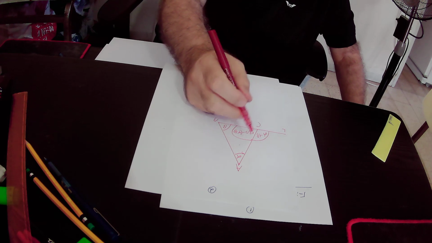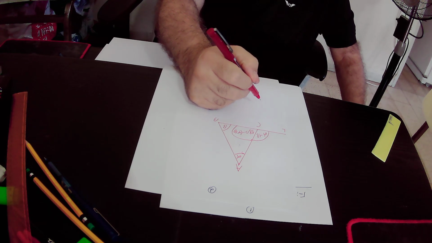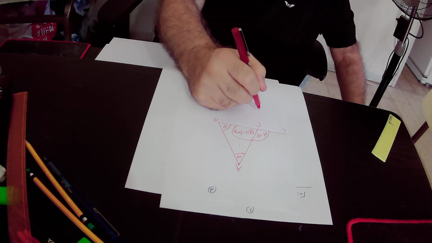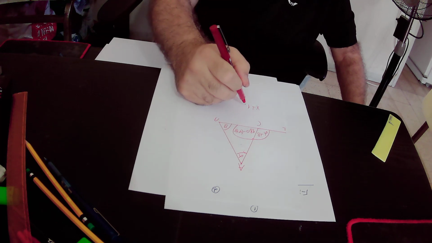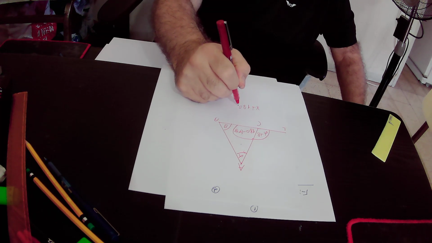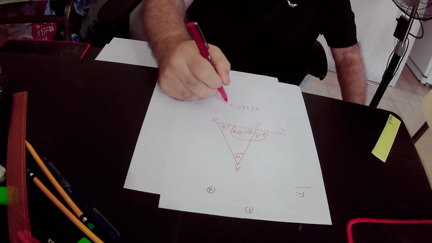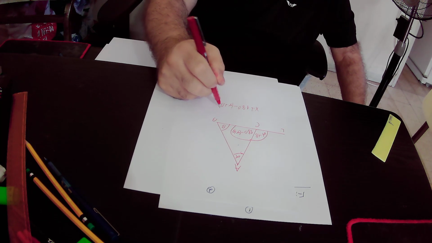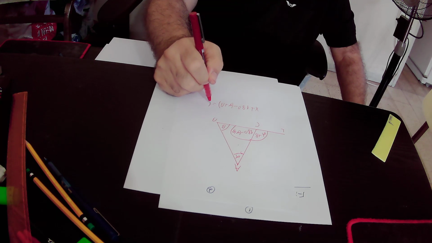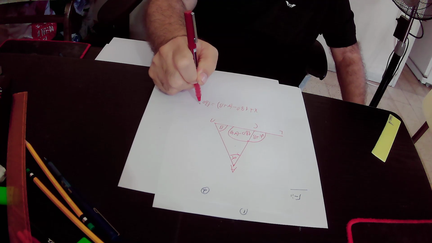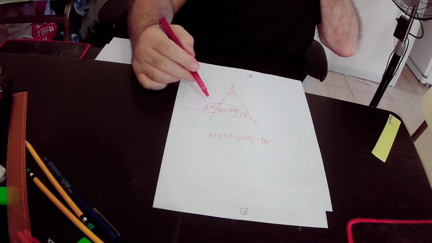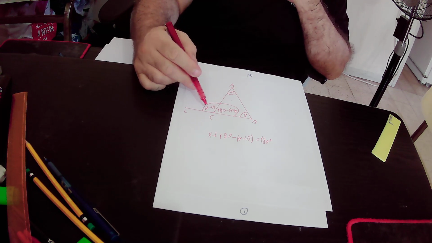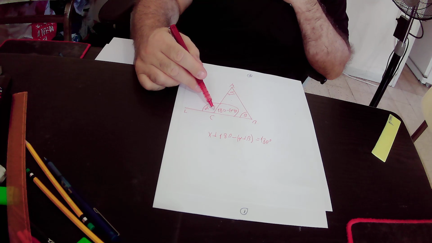So actually, if we define angle ACL as x, then x plus 180 degrees minus alpha plus beta must be equal to 180 degrees, because the sum of the angles on the upper side of a straight line at a certain point is equal to 180 degrees.